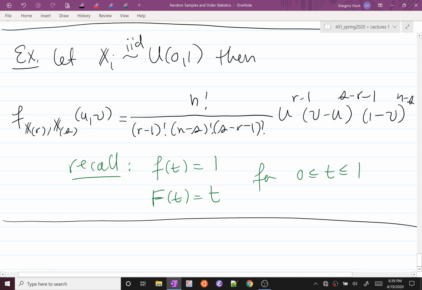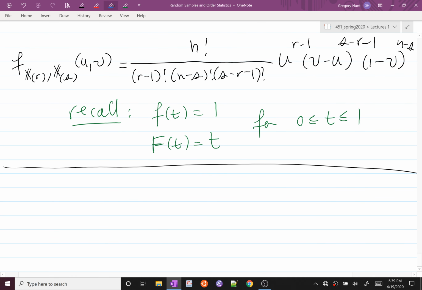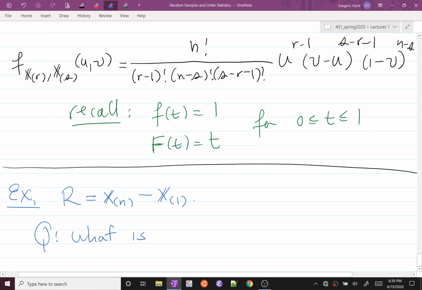So here's the question. Let's define the range of my data: this is the maximum, x of n, minus the minimum. And the question is, what is the distribution of my range?